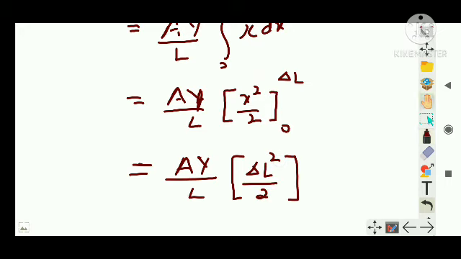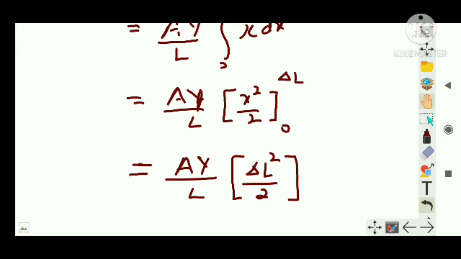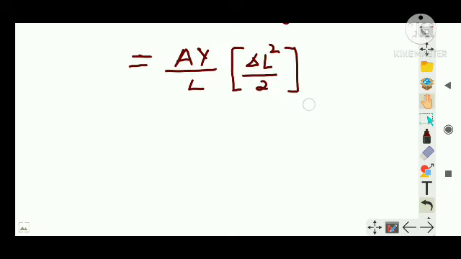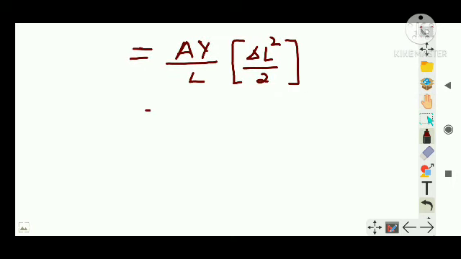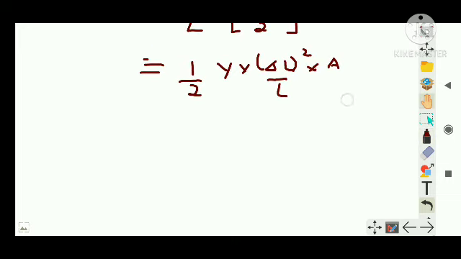Now I'm going to bring some terms commonly to one side. That is equal to half into Y into delta L by L, this delta L having a square, into A. I have just rearranged the above equation.